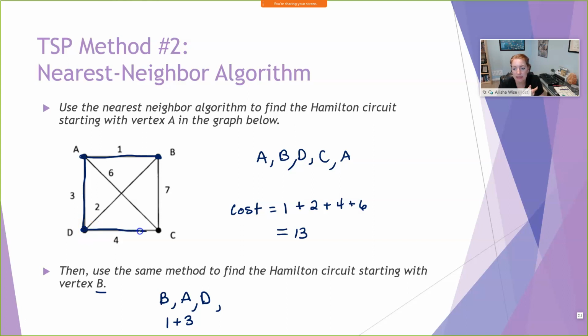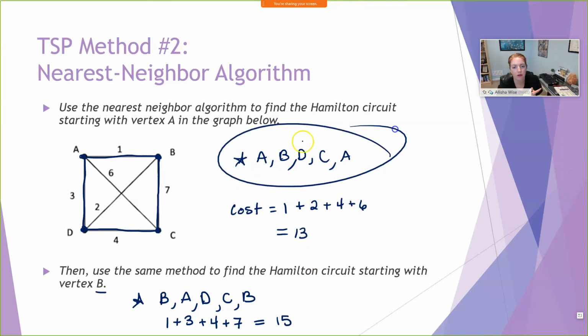Then we have to go to C, because that's the last place we need to go. And then we go back home. So this is actually 15. Which one would we rather pick? We'd pick the first one because it's cheaper. Does that mean it's the optimal solution? Not necessarily. We haven't done the brute force method, so we don't know for sure.